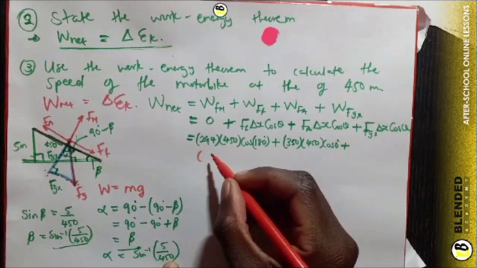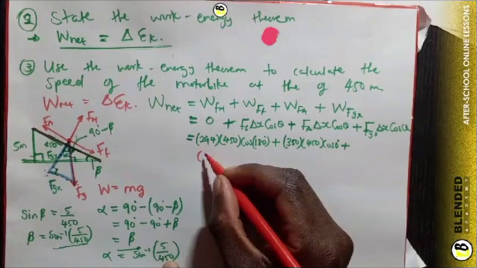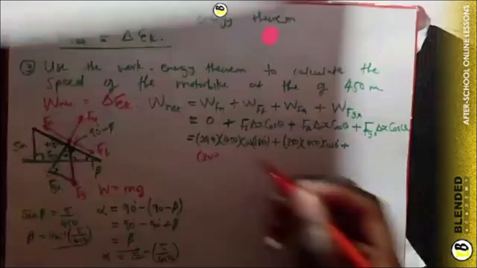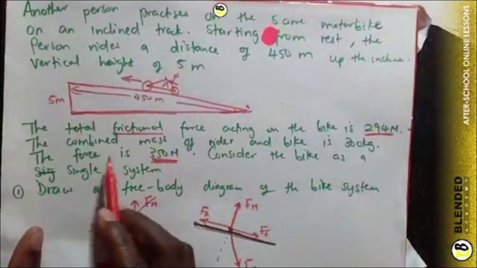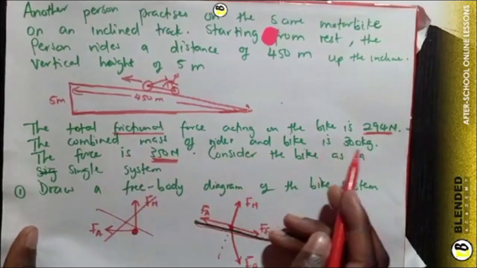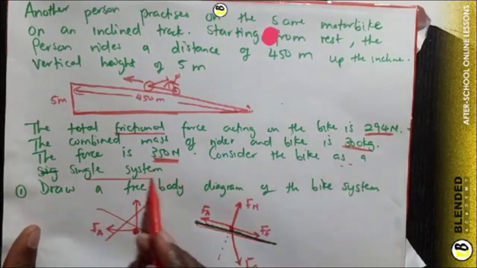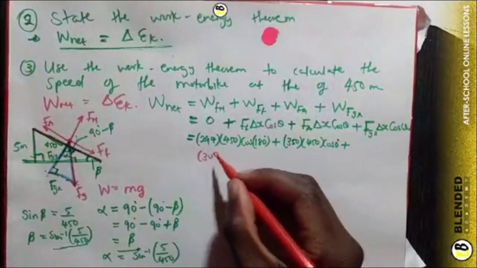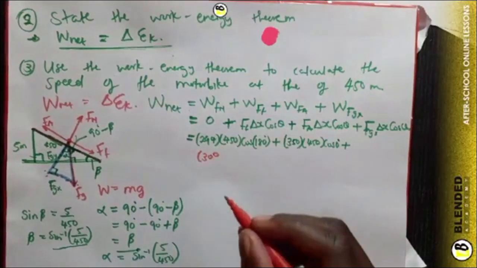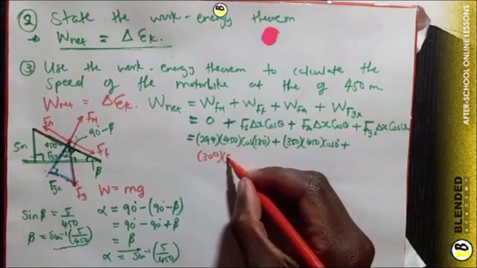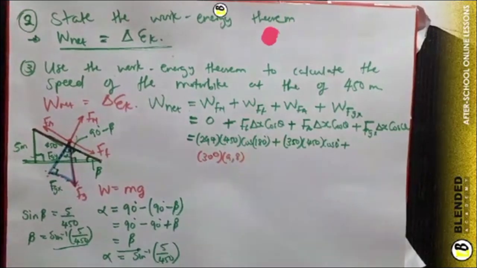The mass of the entire system is 300. We're given that we need to take the combined mass of the rider and the bike as 300 kilograms, and consider the bike as a single system. So the weight of the system is 300 kilograms multiplied by 9.8, which is the acceleration due to gravity.